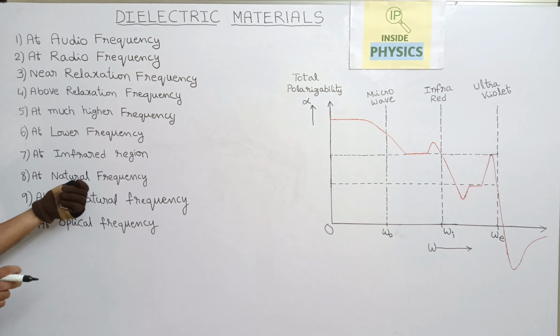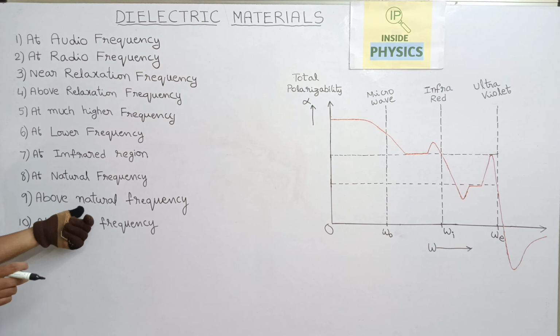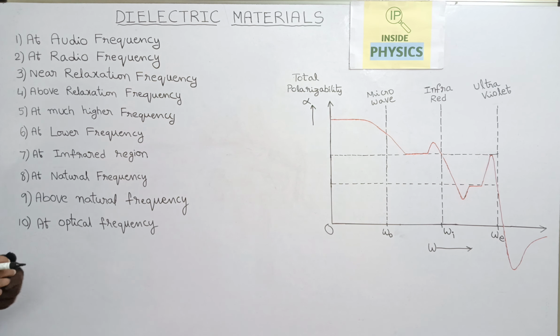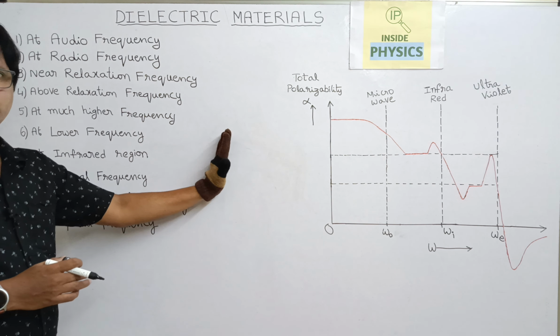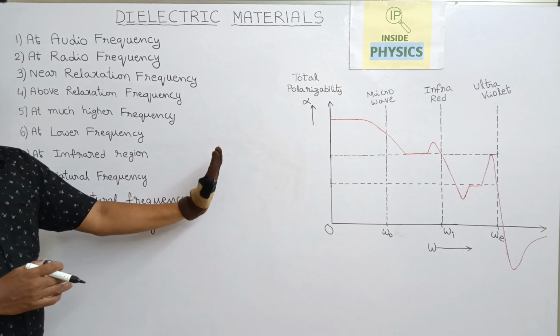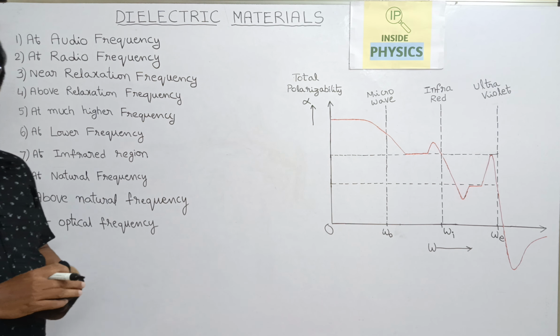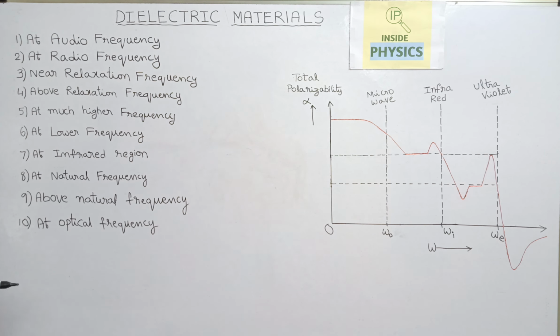Obviously, here also the power loss is called resonance power loss, because whenever the natural frequency is matching with the alternating frequency, there will be a resonance and the polarization will suddenly increase because of the resonance polarization. The last one, at optical frequencies.